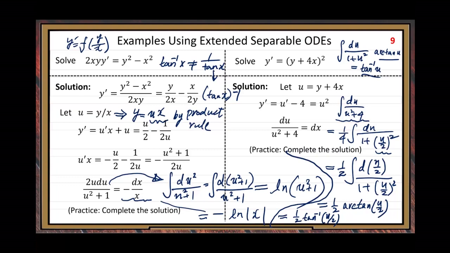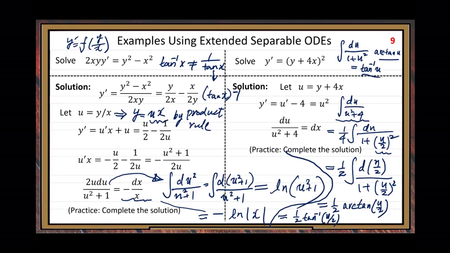Don't forget that constant c. Let's make it better. Arc tan u over 2 equals 2x plus 2c.